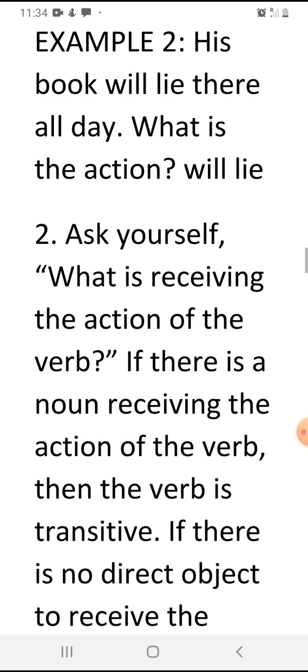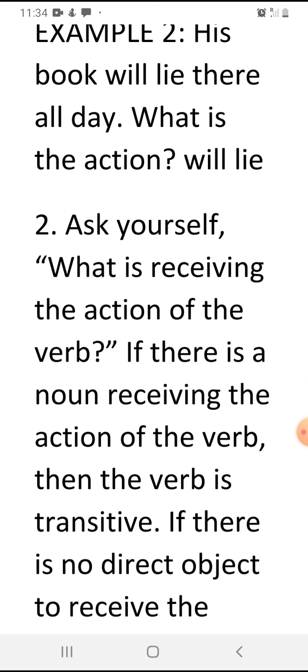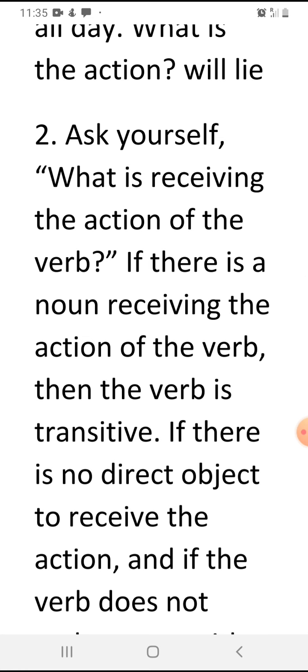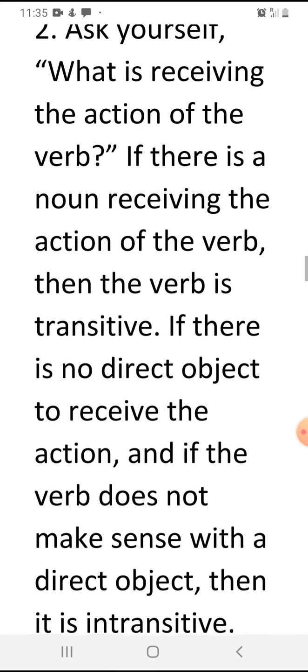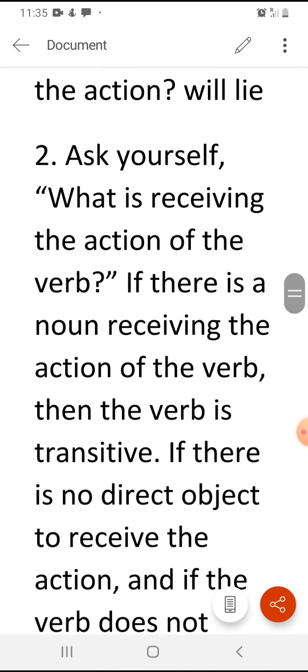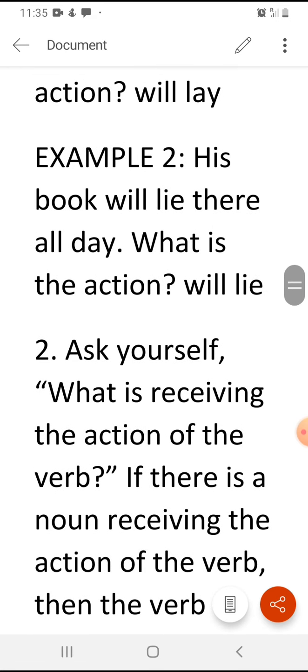And my dear students, if there is no object in the sentence, we say the verb is intransitive. If there is no direct object to receive the action, and if the verb does not make sense with a direct object, then it is intransitive. Let us see the second example. His book will lie there all day. What is the action?